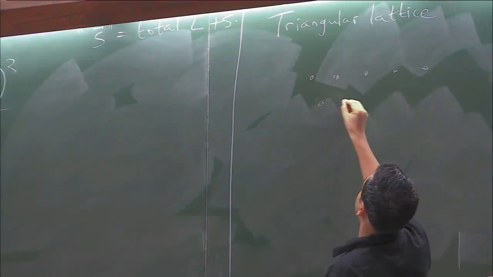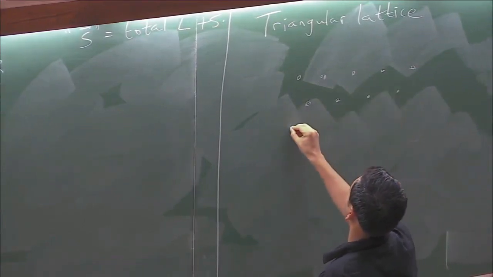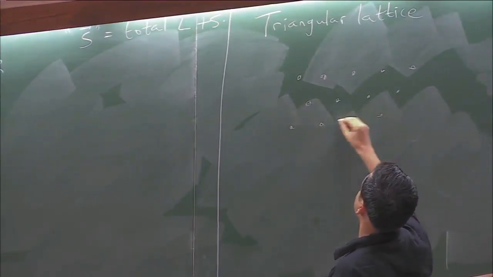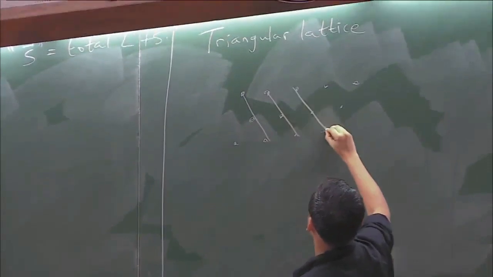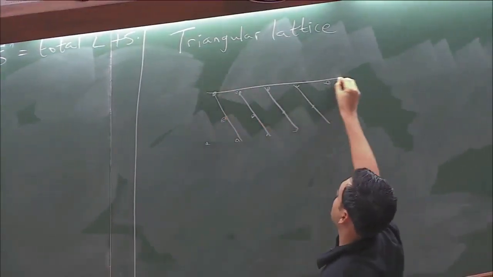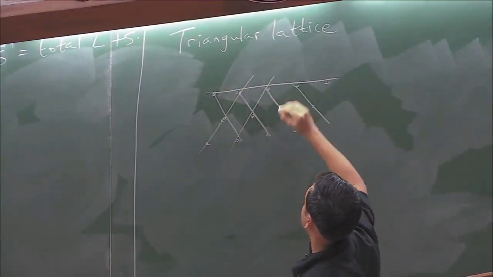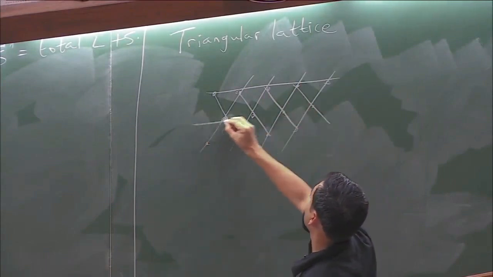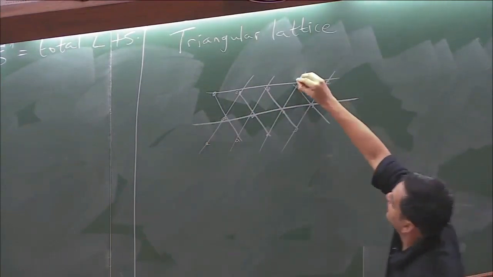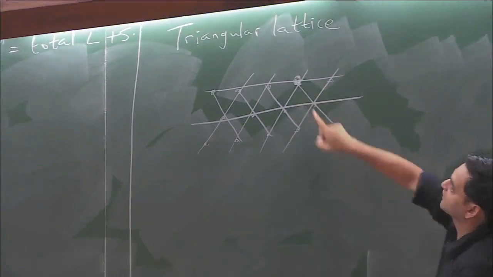This is simply the standard triangular Bravais lattice in 2 dimensions. And each site can host a magnetic ion.